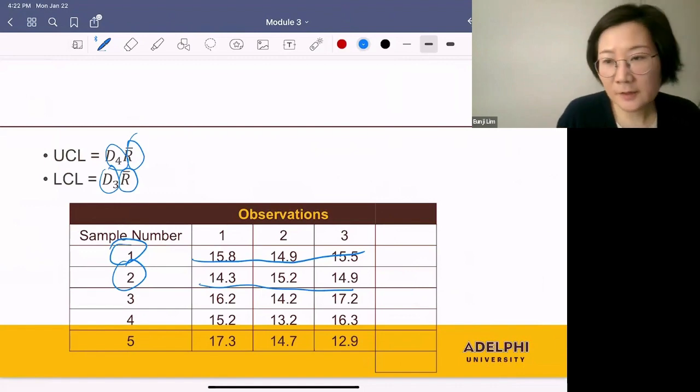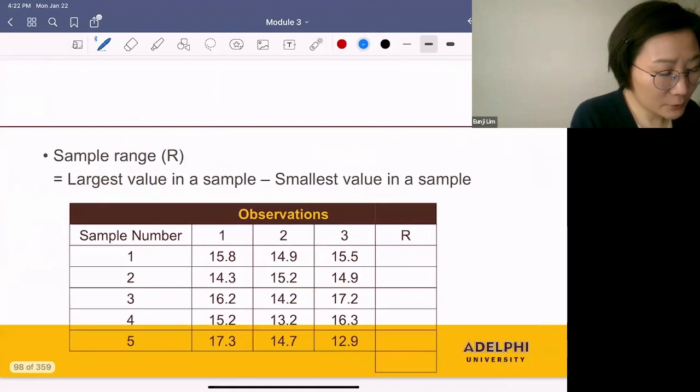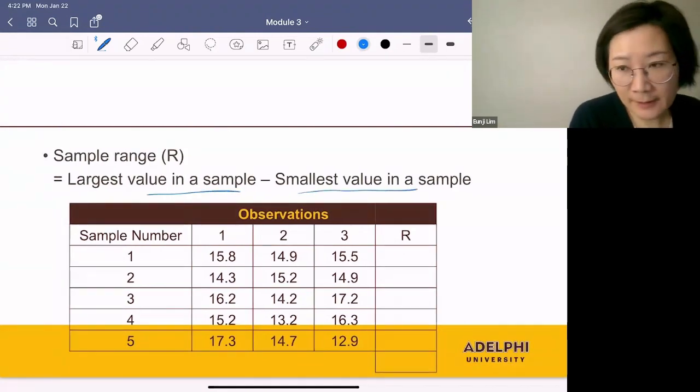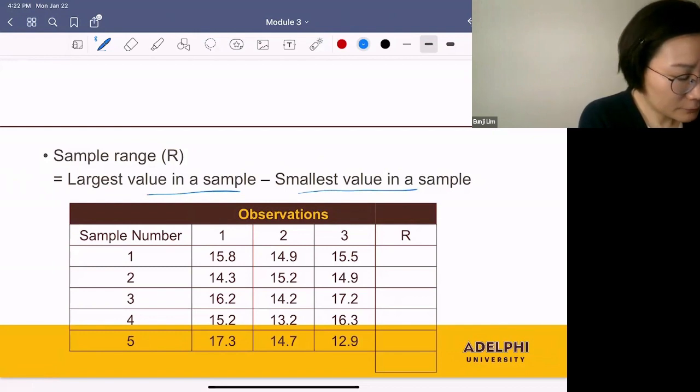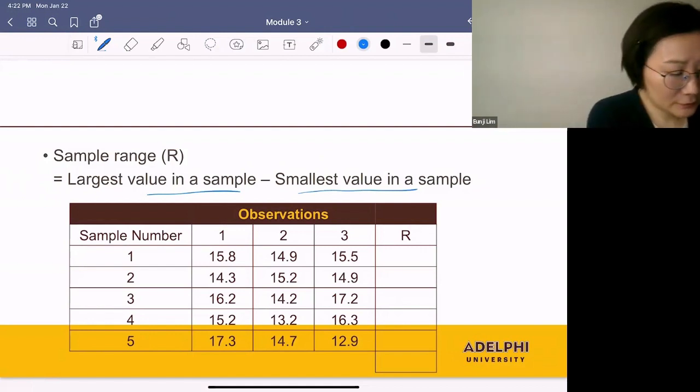R bar is the average of all the sample ranges. So first we compute the sample range of each sample. The sample range is the largest value in a sample minus the smallest value in a sample. So in the first sample, the largest value is this, the smallest value is this, and the difference is 0.9.